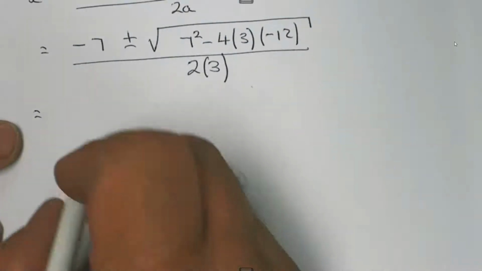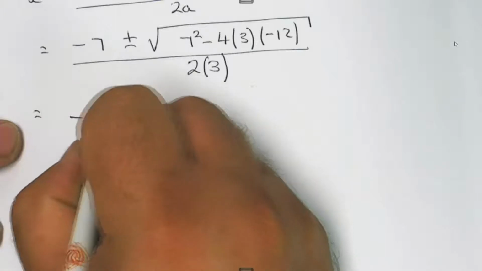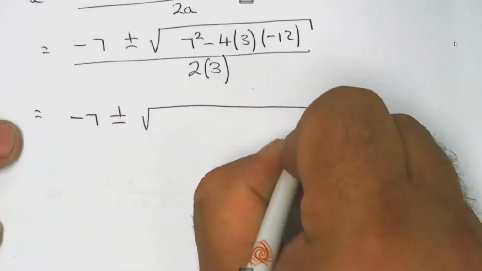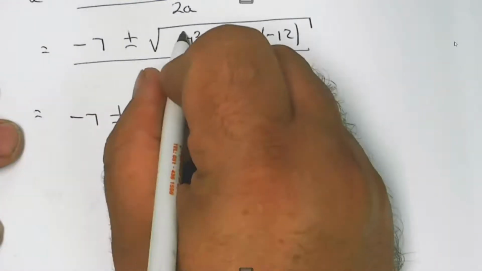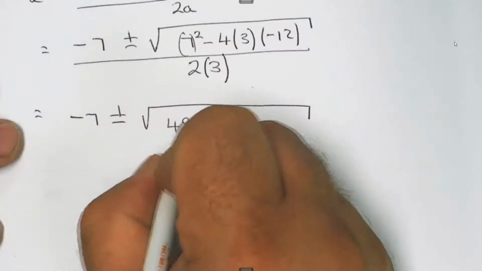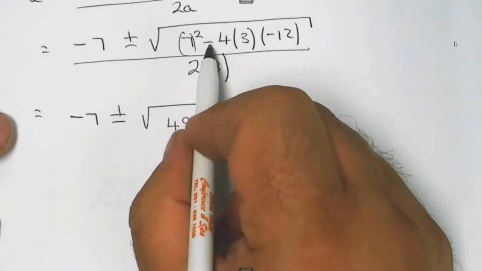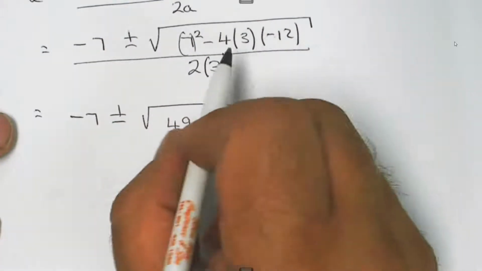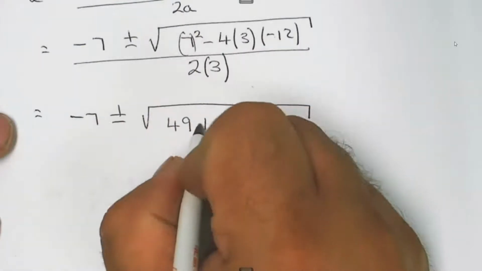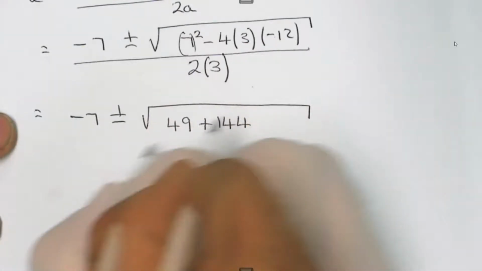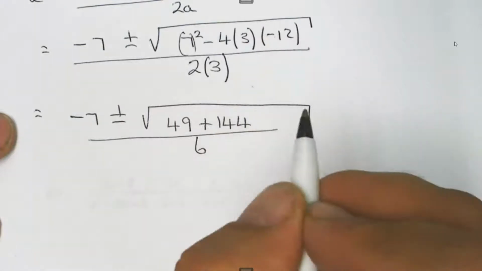So it becomes negative 7 plus minus the square root of 7 squared, and that is equal to 49. And this here in negative times a negative is a positive, and the 12 times 12 is 144. So it's plus 144 over 6.